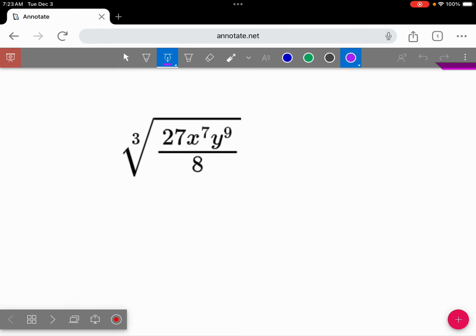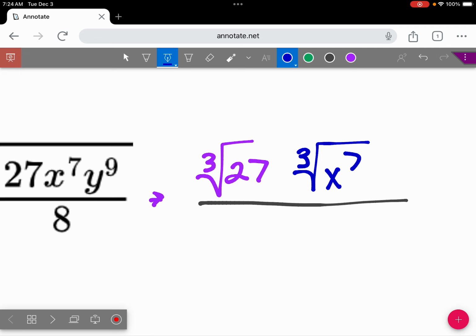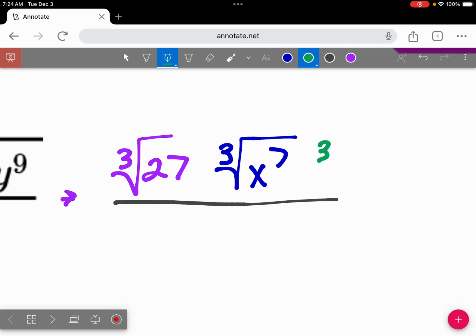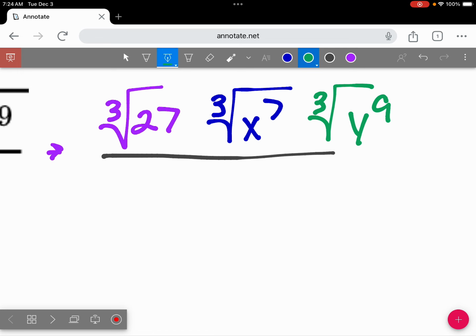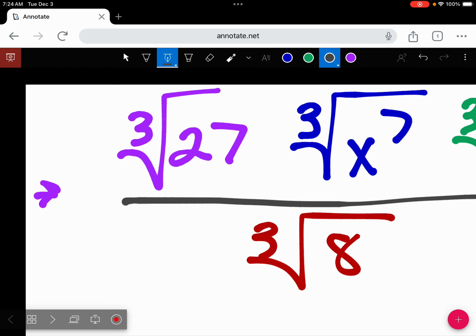So we're going to do our cube root of 27, our cube root of x to the 7th, our cube root of y to the 9th, and one more color, our cube root of 8. So just break it up. Cut it up into pieces. Then when we come to simplify it, just put it back in the same spot on the fraction.